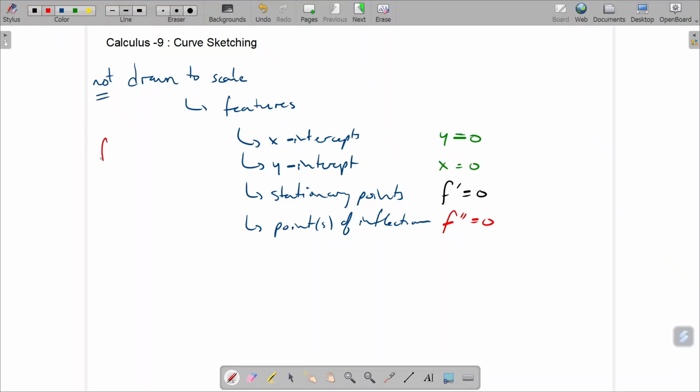That is not to be confused with finding a point. To find a point, when we talk about any other point on the graph, you need to find an x value and substitute it into the f of x function so you can find y, so that you now have x and y.